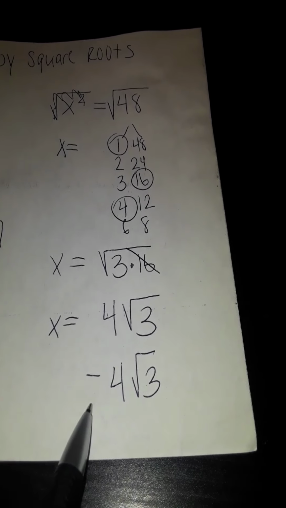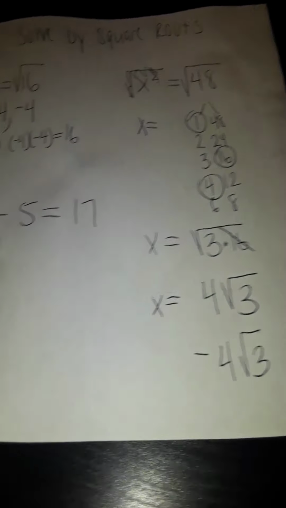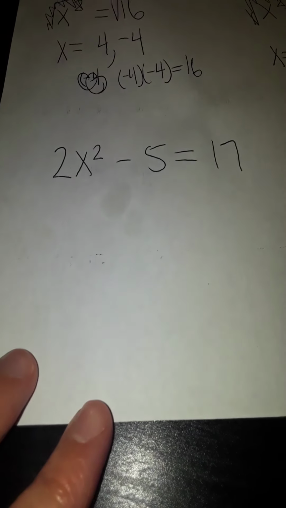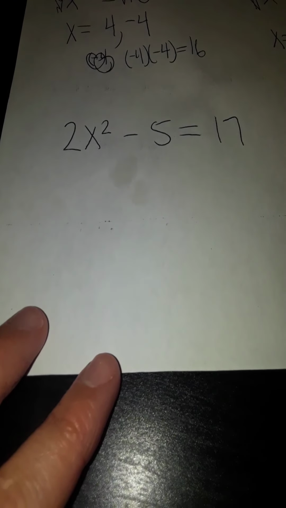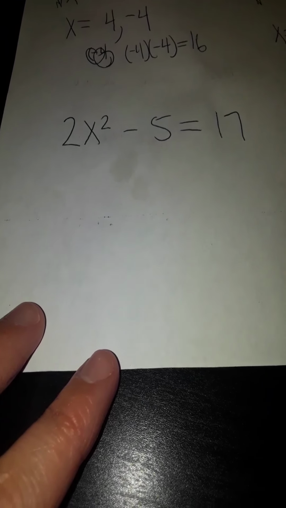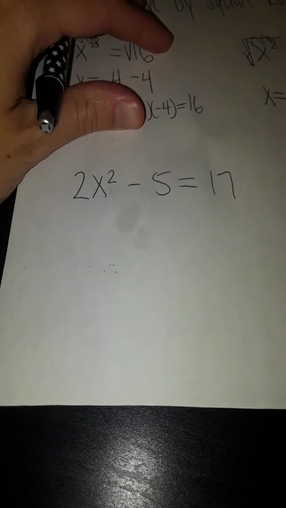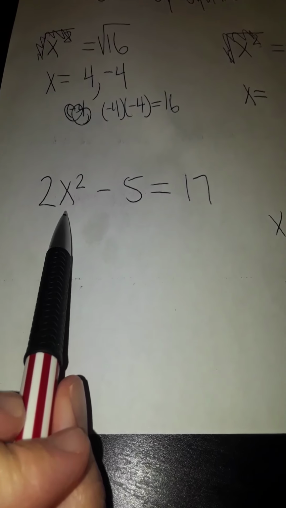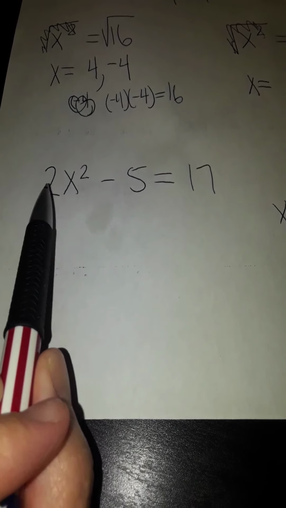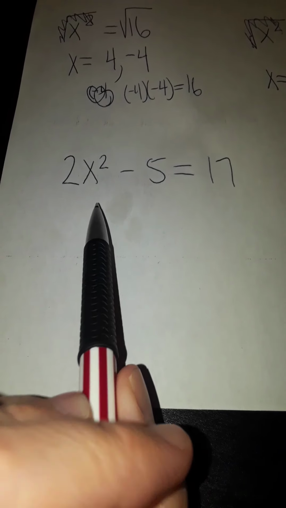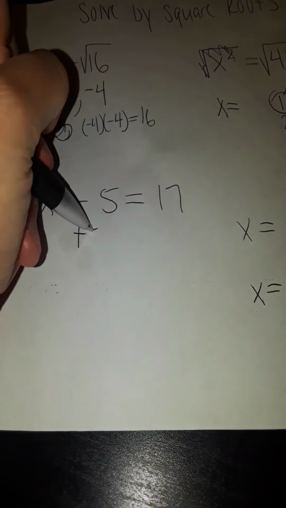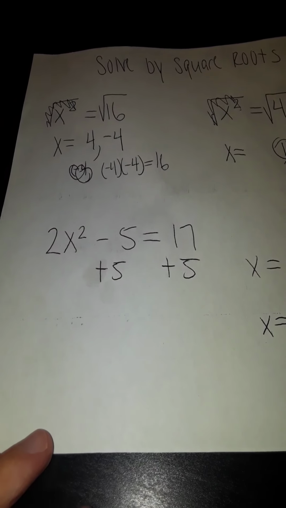First answer, second answer. Last but not least, the little multi-step one, where again, I'm not just going to dive directly into square rooting. I'm going to treat it like an equation where I'm solving for things. All right, so again, I'm trying to get x by itself. Here's our equation. All this stuff has to go. So first I'm going to add 5, because what's the opposite of subtracting 5?